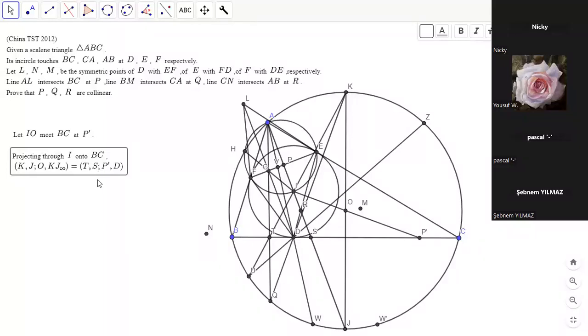So P prime needs to go to L. That is the problem. And oh yeah, so we're projecting through A and we need to show it goes to L. Okay. Yeah, so we need to show that AG and T are collinear. Yes.